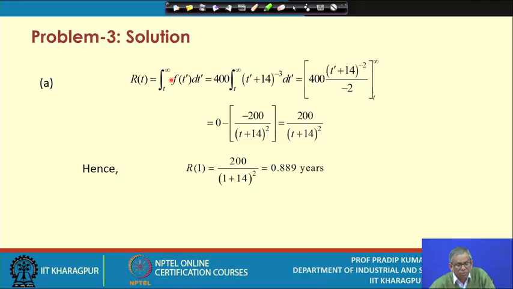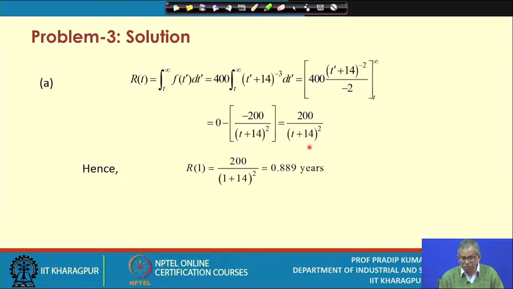Then the reliability R(t) is given by the integral from t to infinity of f(t') dt', that is 400 over (t' plus 14) to the power 3 dt'. Okay, this is the formulation you have, and when you compute these values and follow these steps, you get an expression like 200 divided by (t plus 14) to the power 2.